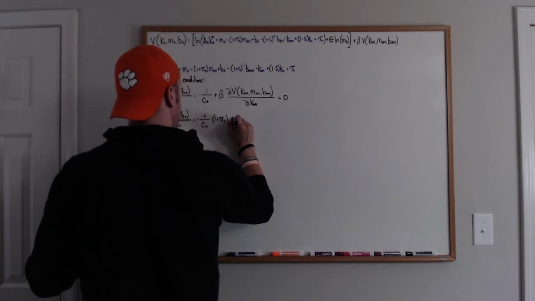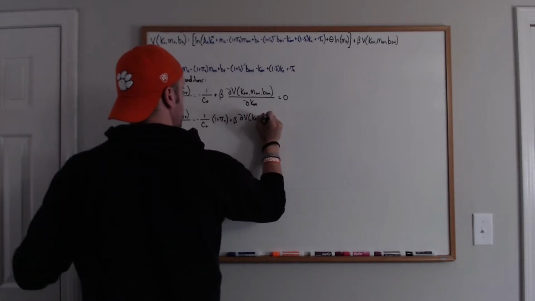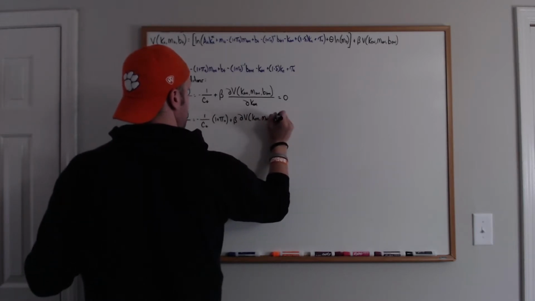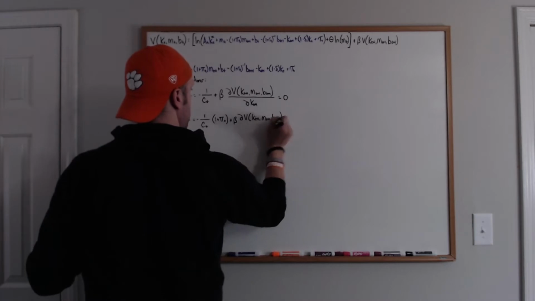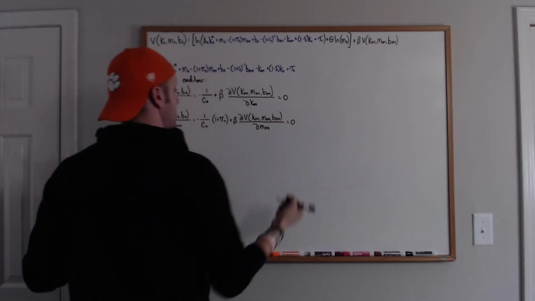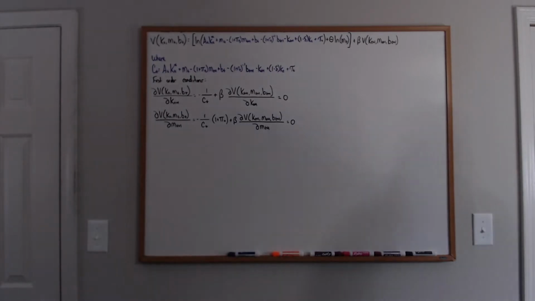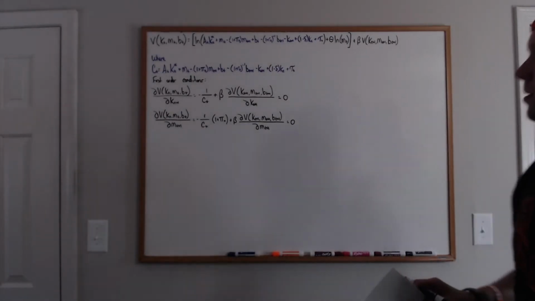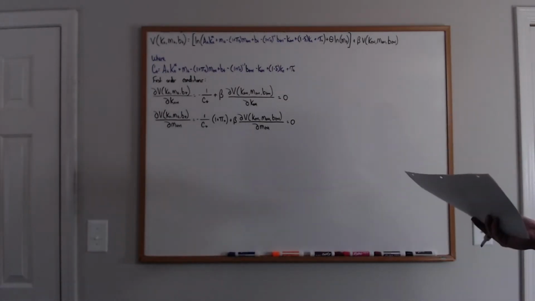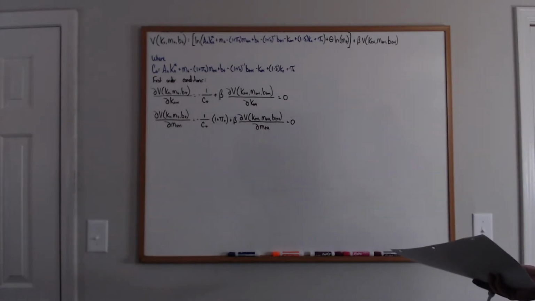So now I add beta times dV of K_{t+1}, M_{t+1}, and B_{t+1} with respect to M_{t+1}. And let that equal 0. Okay, so that's the first order condition for money. So we've got capital and money. Now we need the first order condition for bonds.